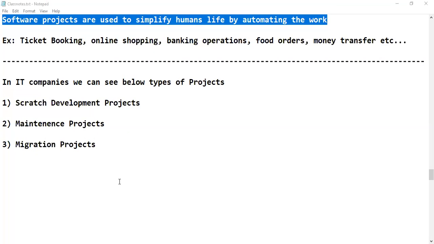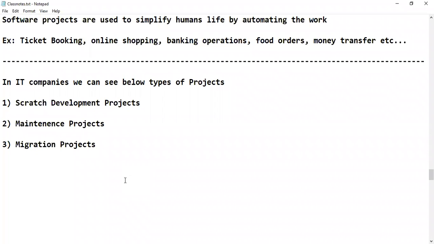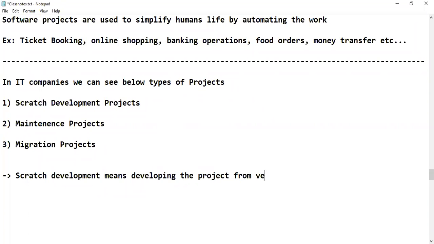Scratch development means developing the project from the very beginning. Maintenance projects means making changes to existing projects.